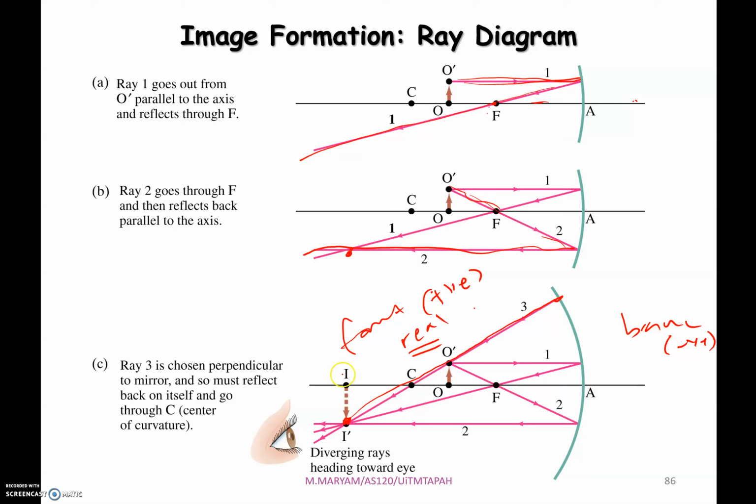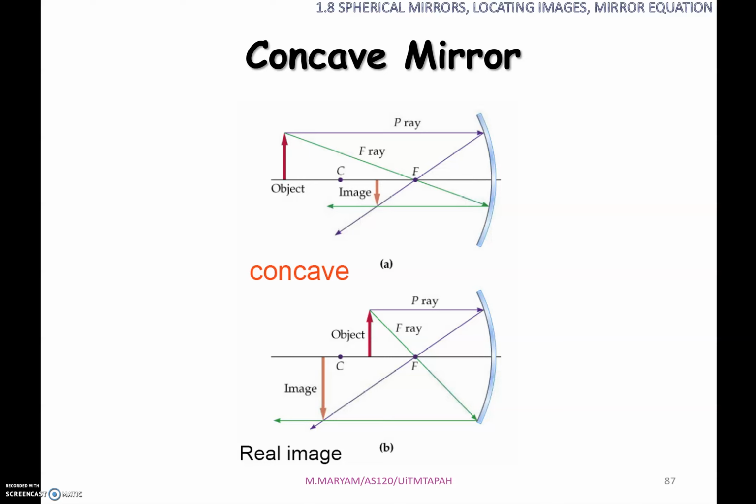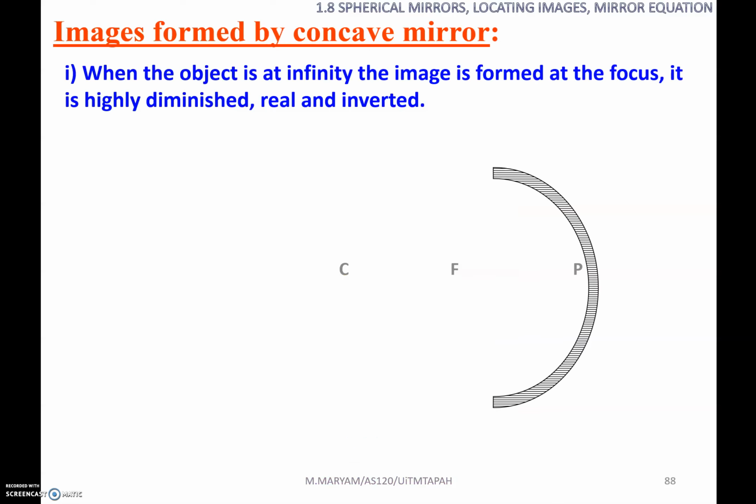So what are the characteristics of this image here? Can you list them down for me? Yes, the image is bigger, and it is inverted as well as real. Okay, very good. So we'll do it one by one. Again, we'll place the object at different positions and try to trace the image.